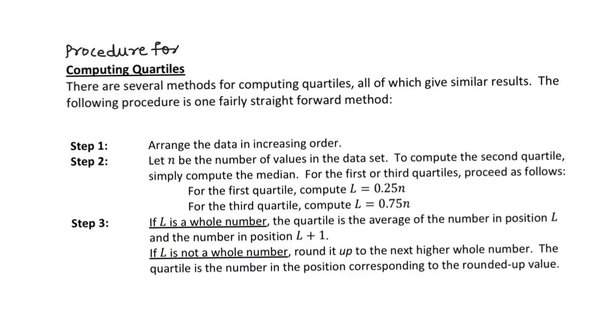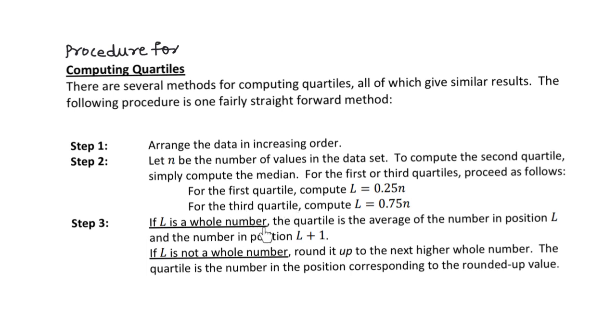Procedure for computing quartiles. First, arrange the data in increasing order. Let n be the number of values in the data set. The median will be the second quartile. If you multiply 0.25 times n, you will get L for the first quartile. If you multiply 0.75 times n, you will get L for the third quartile.